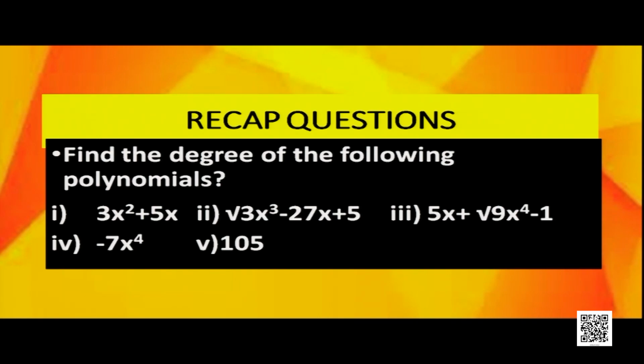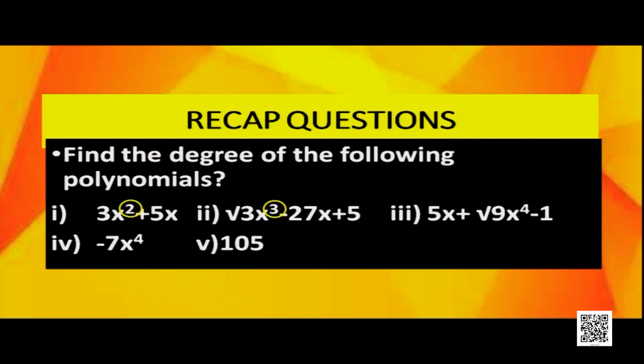So the highest exponent is 2, and the degree of the first one is 2. In the second one, root 3 x cube minus 27x plus 5, the variable has highest exponent 3, so it is a polynomial of degree 3.